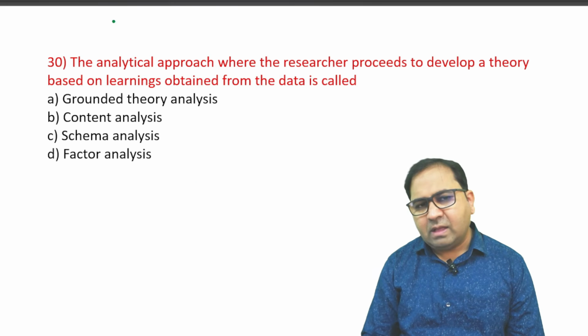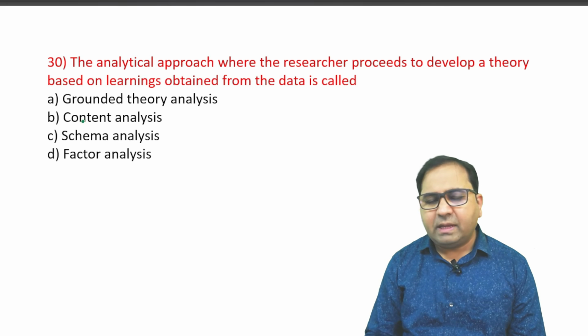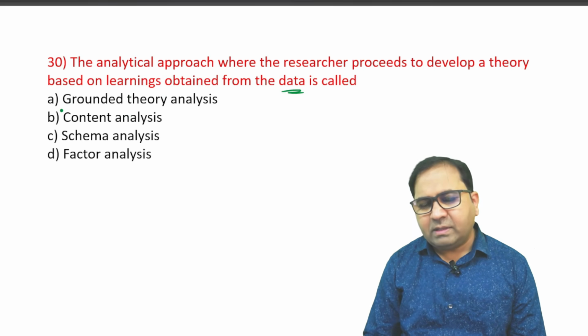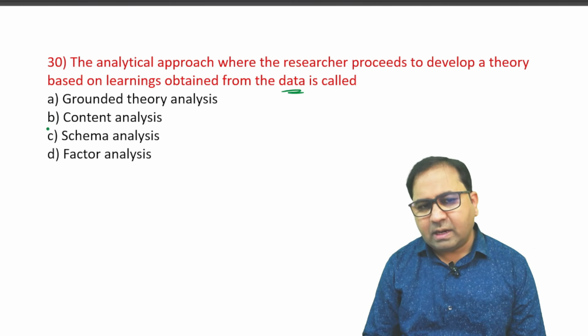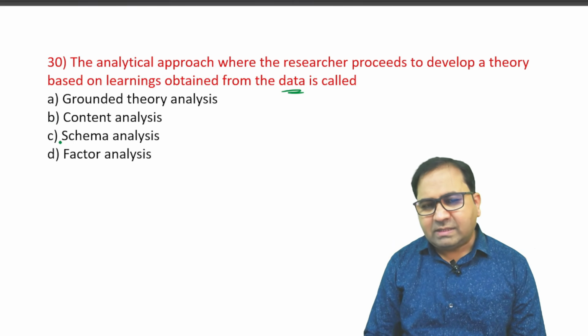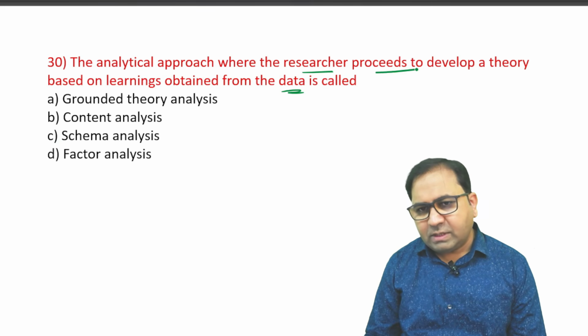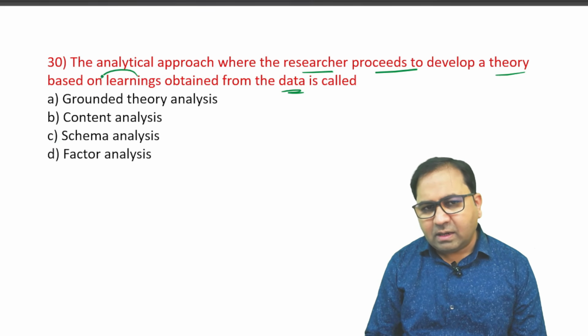The next question. The analytical approach where the researcher proceeds to develop a theory based on learnings obtained from the data is called what? Options are A, grounded theory analysis, B, content analysis, C, schema analysis, or D, factor analysis. Once again, the analytical approach where the researcher proceeds to develop a theory based on the learnings obtained from the data is called grounded theory analysis.